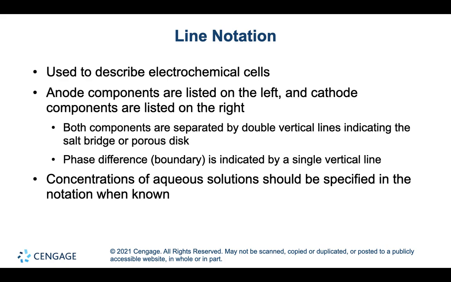And then the parts of each side, the part that is the electrode and the part that's in solution, would be separated because they're typically a different phase. They'd be separated with a single vertical line. And the same thing over on the cathode side. You'd have a single vertical line separating the ion and the metal, the two halves.